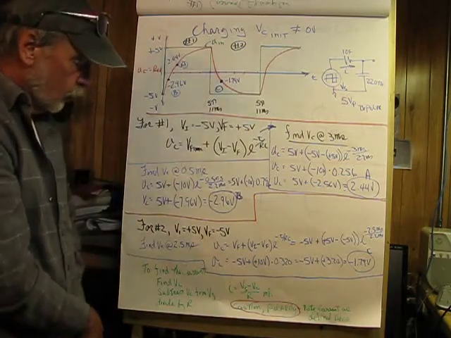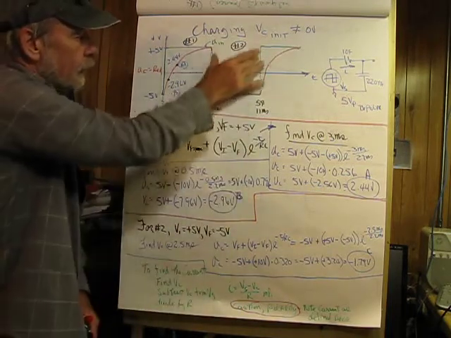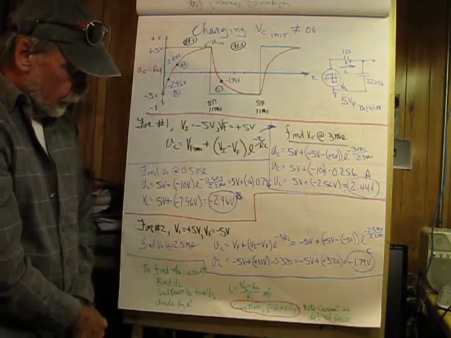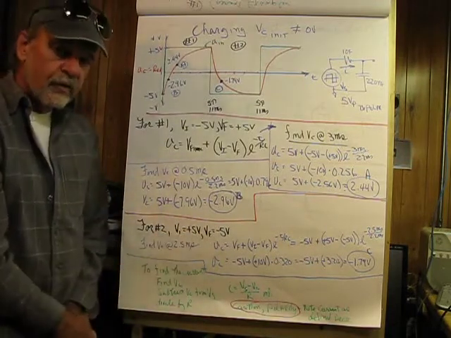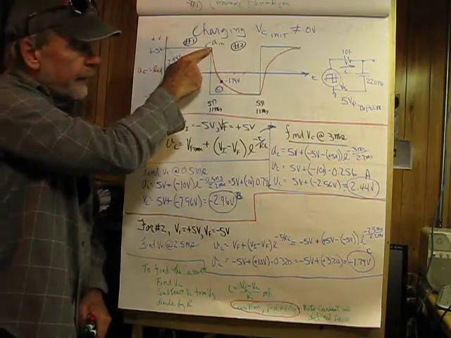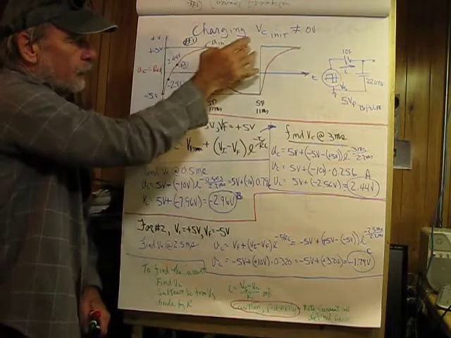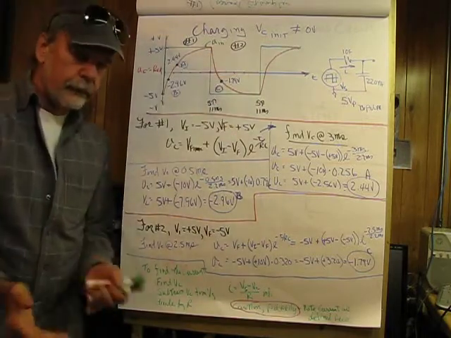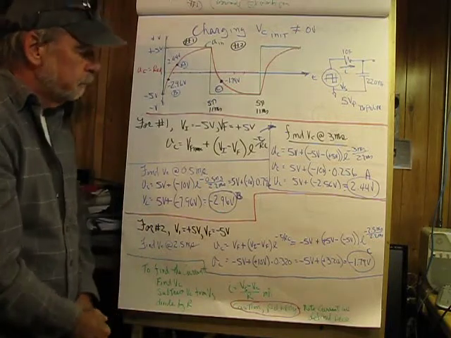And let's go on and look at number 2, and we'll do an example there. So number 2, V initial now is plus 5 volts, and that is because we're kicking off right here at the beginning of our second, I don't want to call it period, our second T over 2, I suppose would be good.